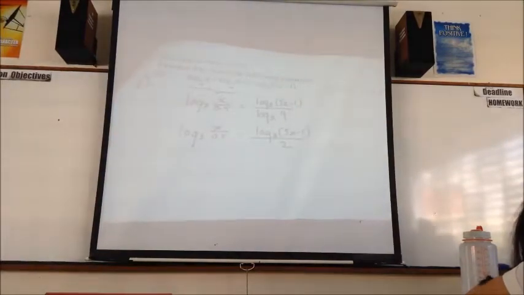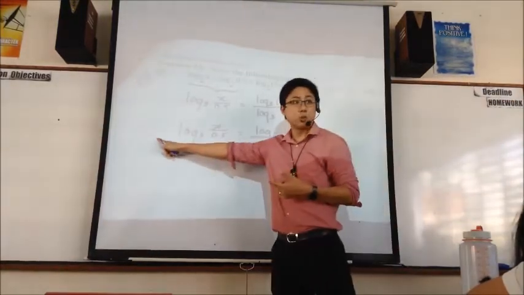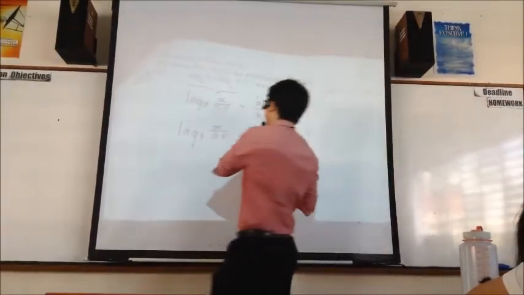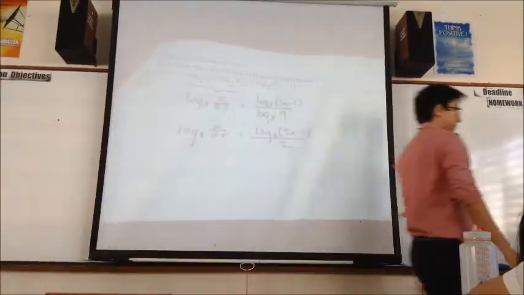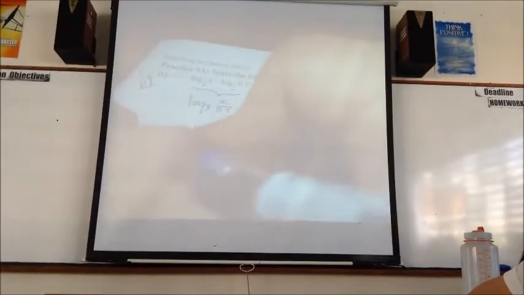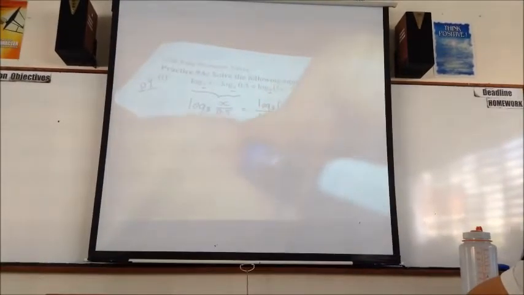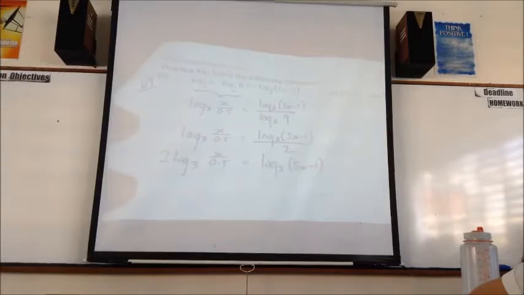What do you think you can do? Times 2, or you cross multiply, or you bring the 2 over. Once you bring the 2 over, can you compare the two things inside? I write first: x over 0.5, 5x minus 1.